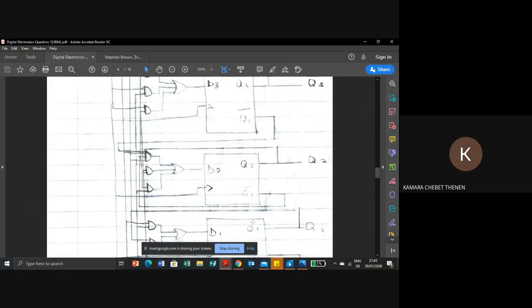I also have a question. When we were discussing this, we realized that if we were doing this question without reference, the first thing we'd have done is solve it like the decade counter we did in class, where we just came up with a circuit for the detector, which would detect the binary number 12.